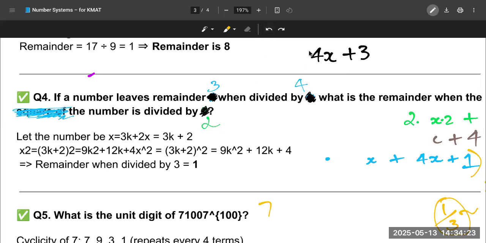And now we have to divide it by 2, right?